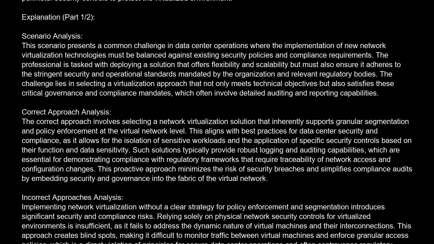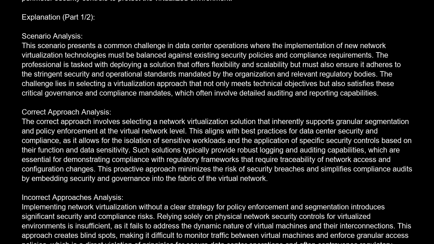Correct approach analysis. The correct approach involves selecting a network virtualization solution that inherently supports granular segmentation and policy enforcement at the virtual network level. This aligns with best practices for data center security and compliance, as it allows for the isolation of sensitive workloads and the application of specific security controls based on their function and data sensitivity.